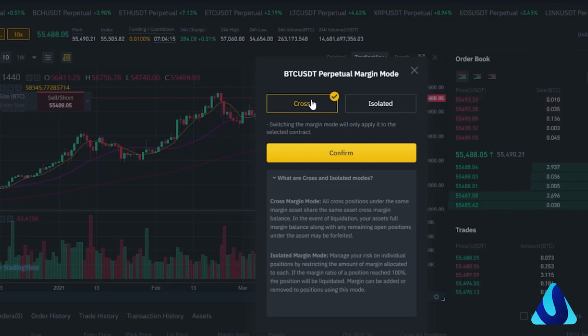That will allow me to have a bigger buffer zone in terms of the liquidation price. However, if it hits that liquidation price, it will take my full balance that I have in my wallet. Whereas with isolated margin, let's say I only trade with $50 of my $100 and I get liquidated, I would only lose the $50 that I had initially invested, and the $50 in my wallet would still be there. So if you're a beginner, I'd recommend working with isolated first.